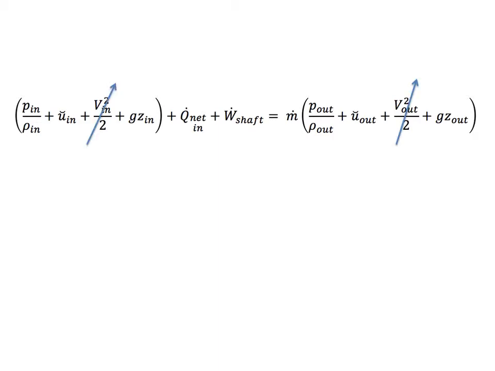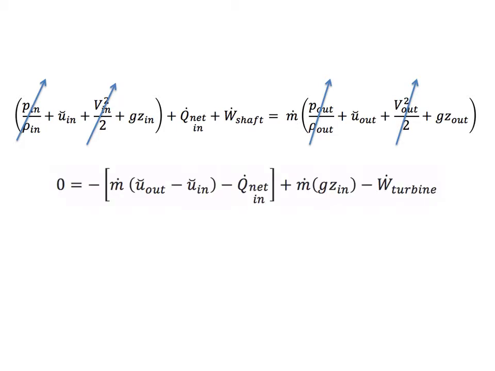Now in our particular problem of a hydroelectric dam, we can cancel out a few factors. First, the velocities will cancel out. The pressure, because it is an open jet, will be 0, and the pressure at the top of the reservoir will also be 0.